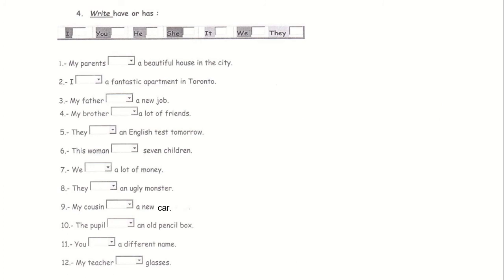Okay, so let's practice, and we will write here have or has to help us answer the 12 questions. So as you see here, I, does it take have or has? Yes, it takes have. And what about you? Have.